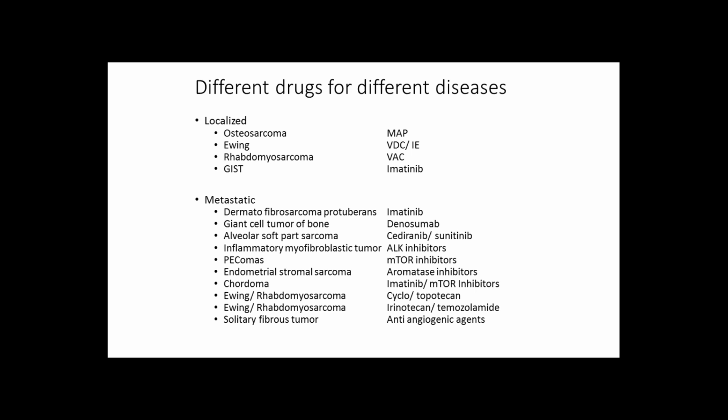But each one of these diseases is very, very rare, so it just gives you an illustration of how difficult it is to perform clinical trials in a particular histological subtype.